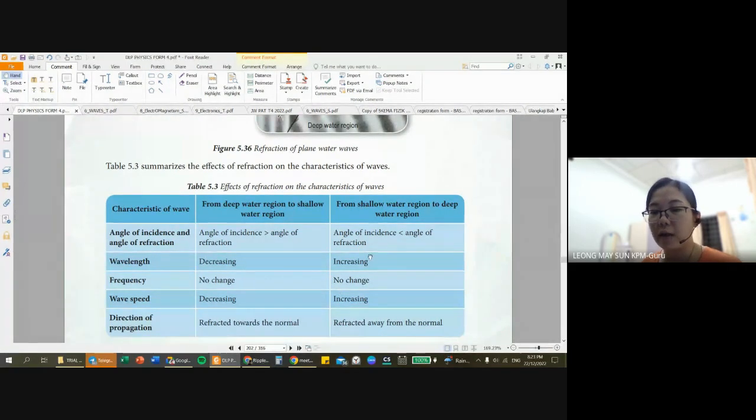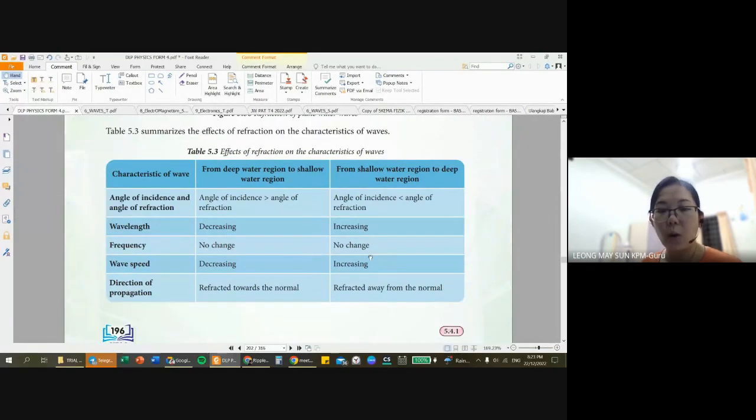So over here, for deep to shallow, the direction of propagation moved towards the normal. From shallow to deep, it will refract away from the normal line. This is for water waves. This whole page 196 is all about water waves.